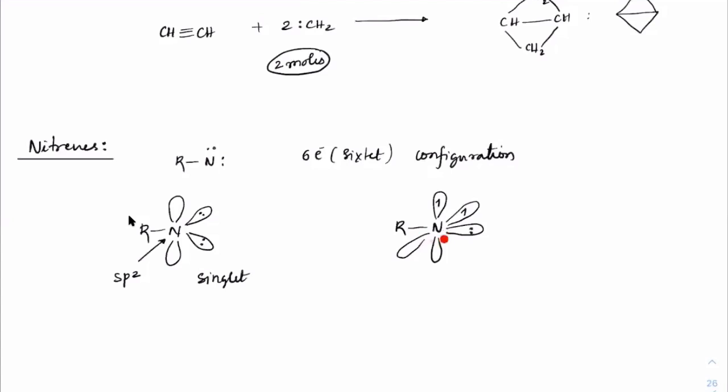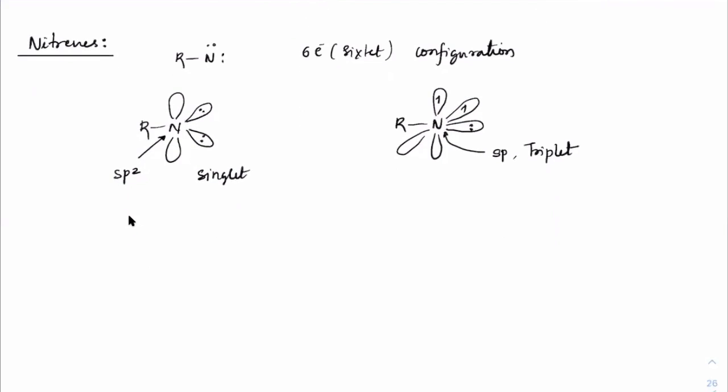This is sp hybridized with one electron in maybe px and one electron in py, and pz has been participating in hybridization. So here the hybridization for nitrogen is sp, and this is a triplet form. So just like carbenes, we have singlet nitrenes and triplet nitrenes.